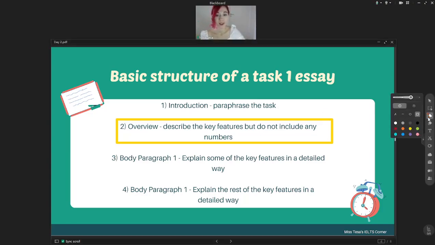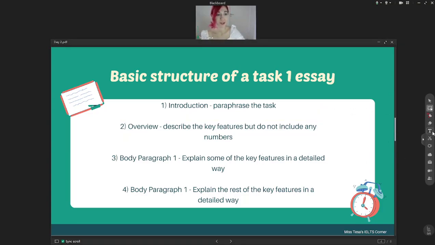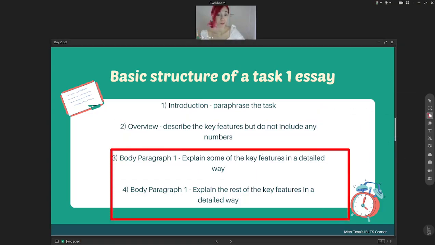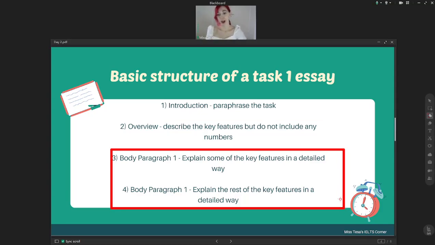And then if we go to the next one, which is the body paragraphs. After the overview, you're going to write 2 body paragraphs. Body paragraphs are where you go into the details, where you actually mention numbers and percentages and so on and so on.